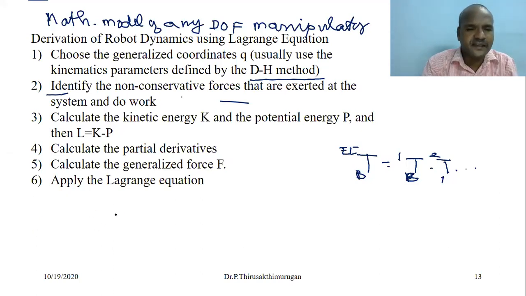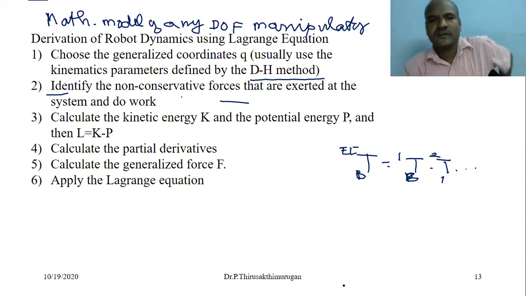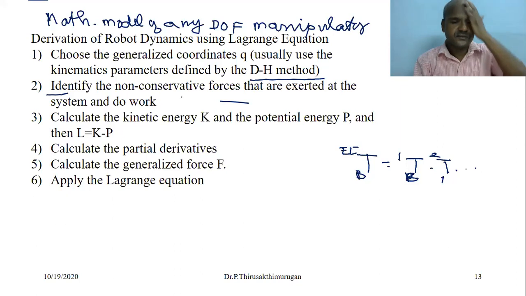Next, third step is calculate the kinetic energy and potential energy, as we derived for the two-link manipulator in a different way. Fourth step is do the partial derivatives. Then calculate the generalized force.